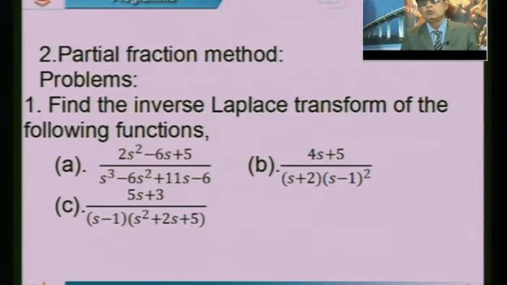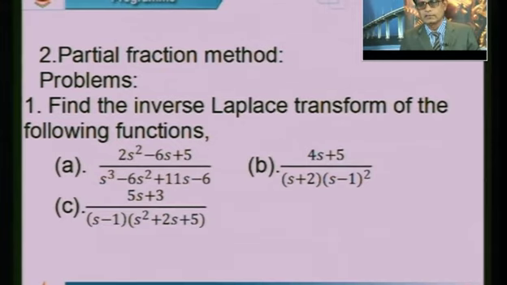First one, 2s square minus 6s plus 5 divided by s cube minus 6s square plus 11s minus 6. Second one, 4s plus 5 divided by s plus 2 into s minus 1 whole square.